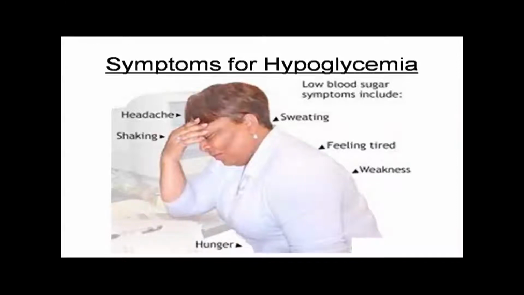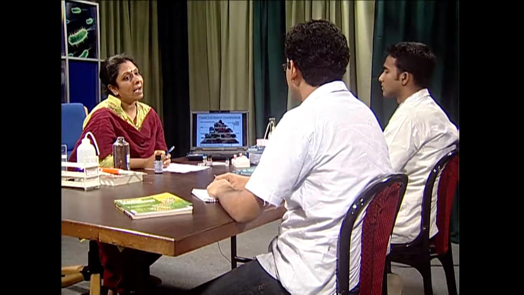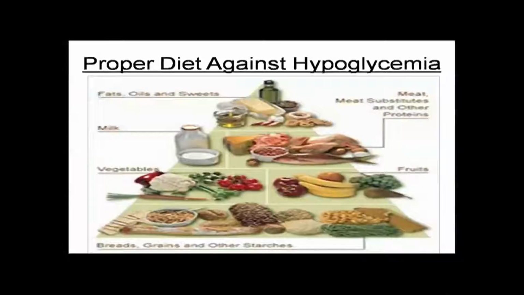In case of hypoglycemia, the lower level of blood glucose can be manifested in sweating, shivering, as well as body cramps also. There are some recommendations against hyperglycemia as well as hypoglycemia. In case of hyperglycemia, you know that insulin is given, and in case of hypoglycemia, a proper diet is recommended. So here you can observe the proper diet.